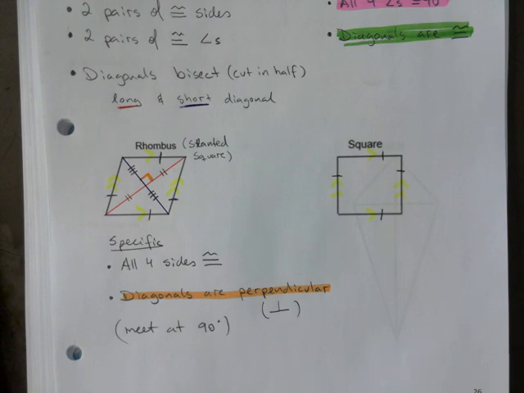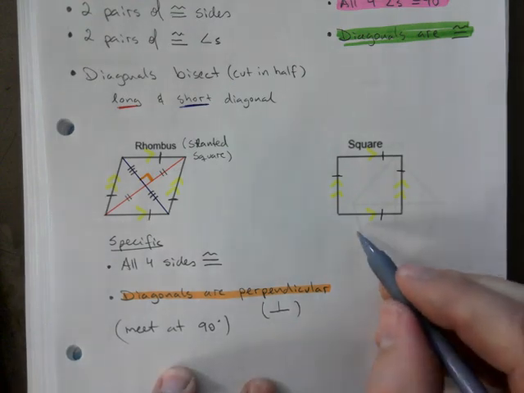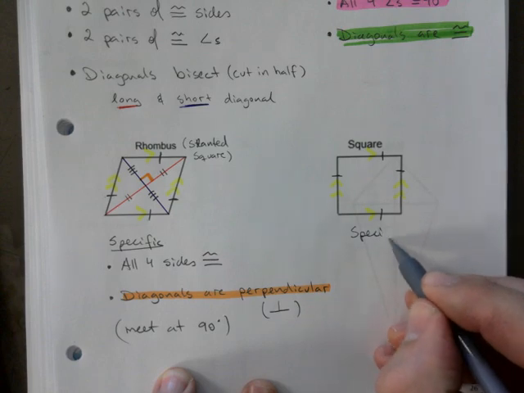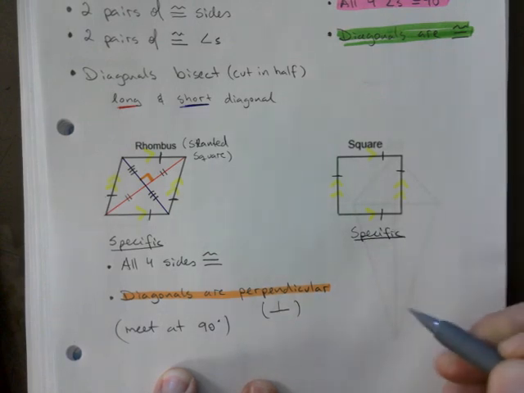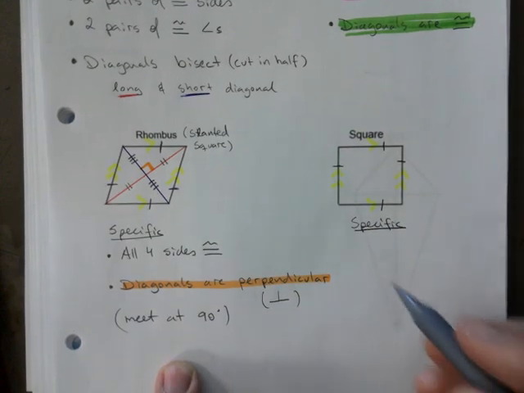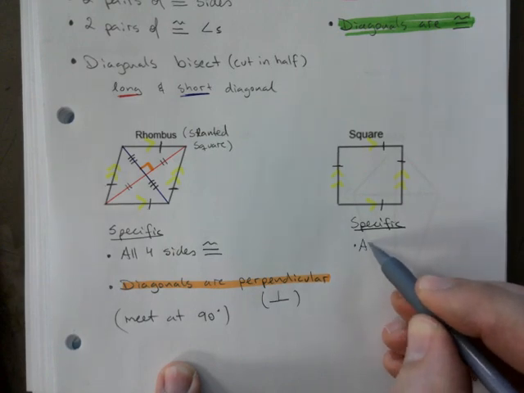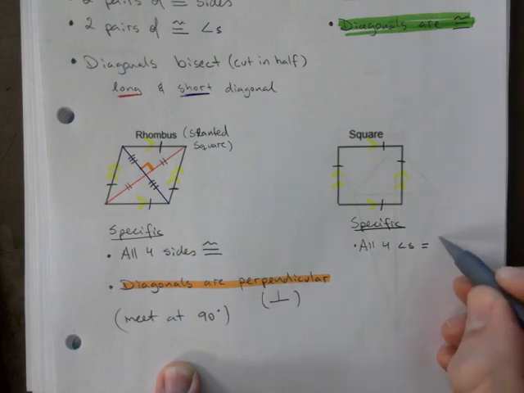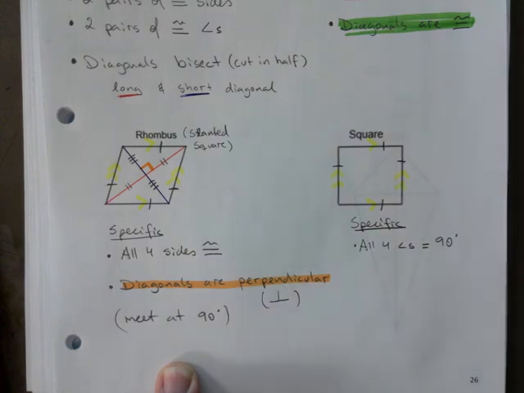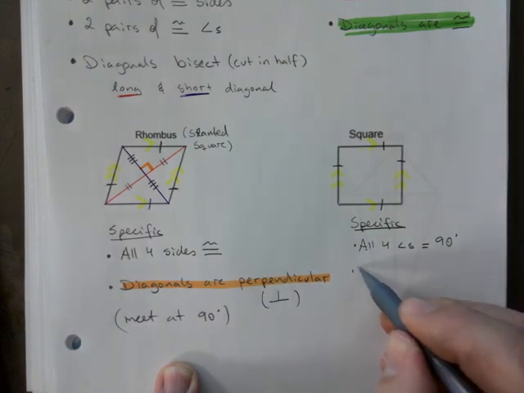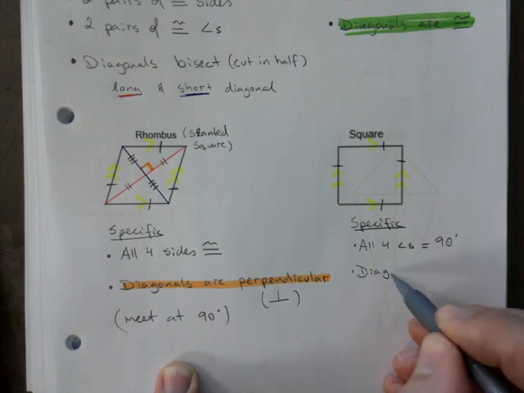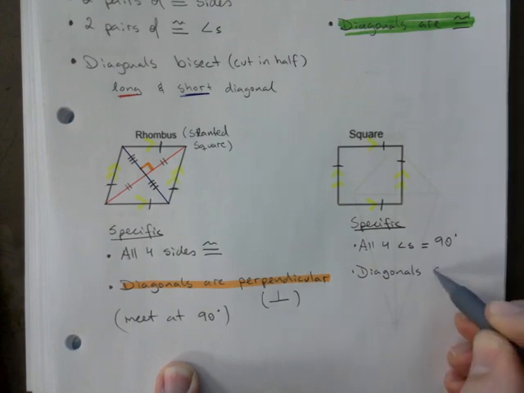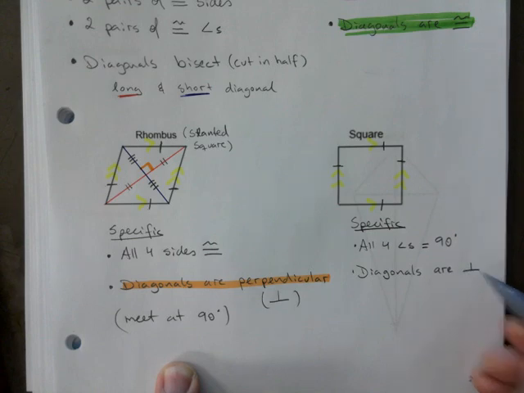And let's go on to the square. This is specific to the square. All four angles are 90. Diagonals are, you can handle that symbol, right?